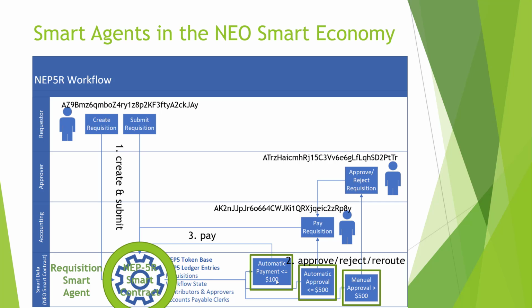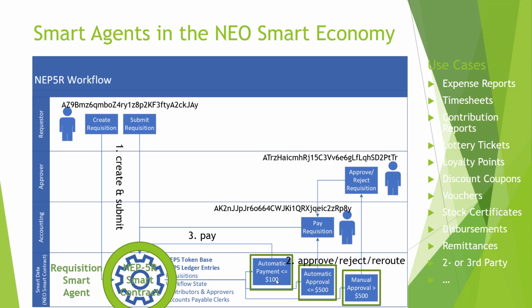So that's the requisition smart agent, and it's the code that represents the NEP5R smart contract plus the data, plus the entities, the non-fungible entities that it operates on. On the right-hand side are some more specific use cases.